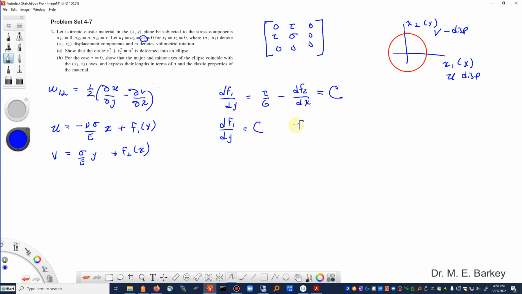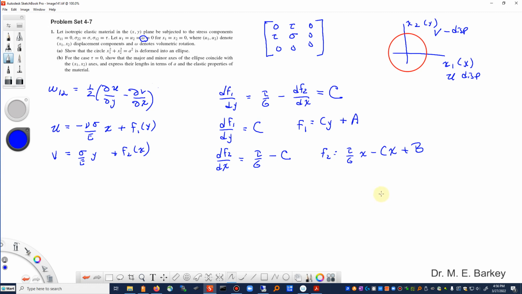I can find then that f1 is equal to c times y plus another constant of integration, call that a, and then if I pull this to the other side, I can have df2 by dx is equal to tau over g minus c, in which case f2 then will be equal to tau over g times x minus c times x plus another constant of integration.